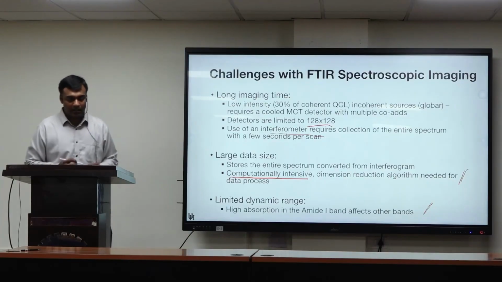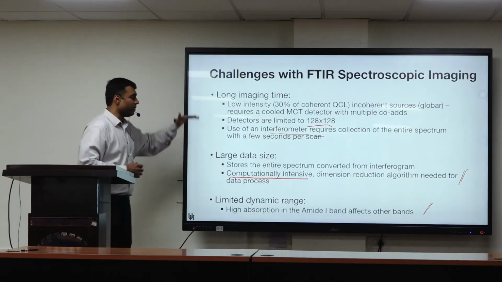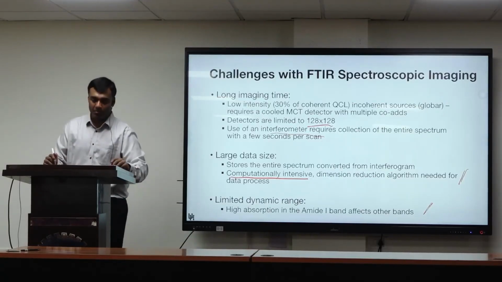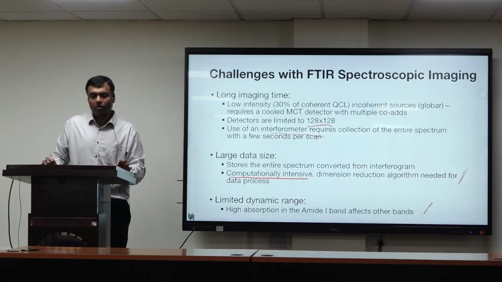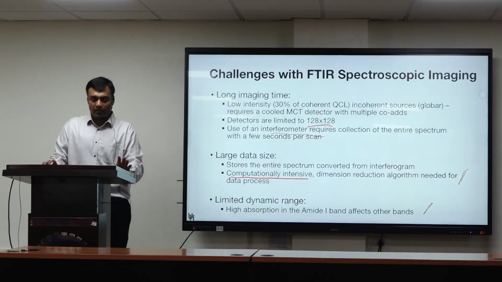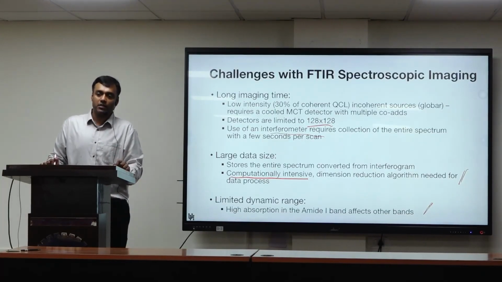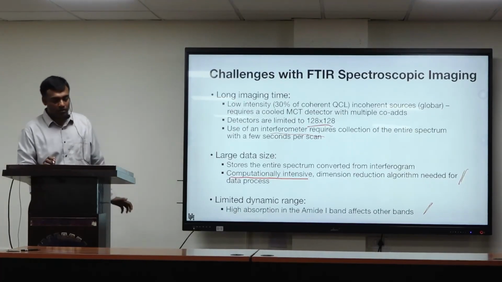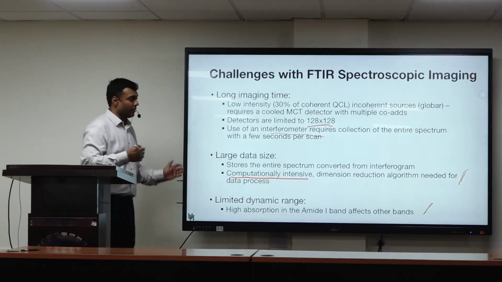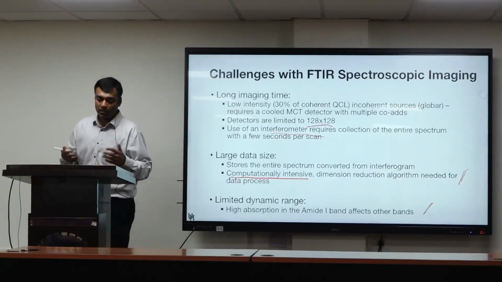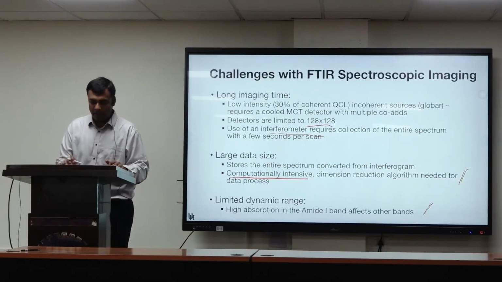Another problem is high dynamic range. If there is one big peak and a few small peaks, the big peak dominates, and so there are problems in the way you collect data. There are also other issues with respect to water absorption and a few other things. Because of these problems, people have been trying to figure out how to improve FTIR imaging and get new approaches to mid-infrared imaging.